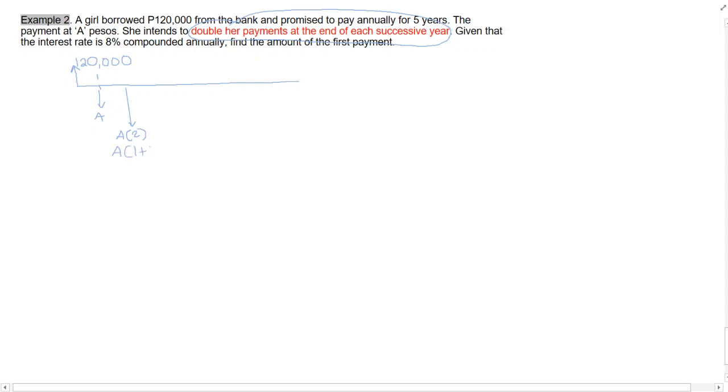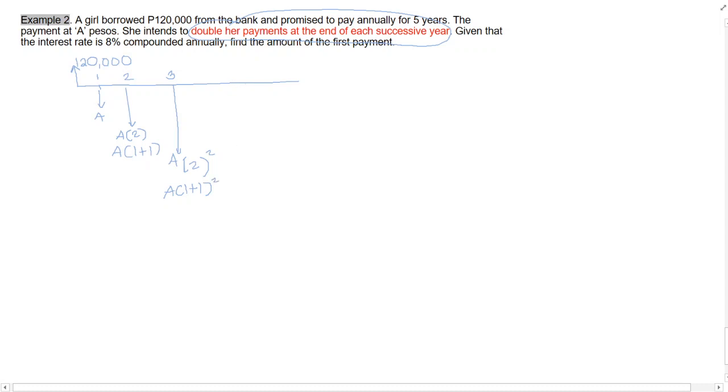Your x there is still 1, since that is doubled. Okay, so that is the second year. For the third year, that is A multiplied by 2 raised to 2, sorry. If we rewrite that one, that is 1 plus 1, since doubled, x is equal to 1, raised to 2.